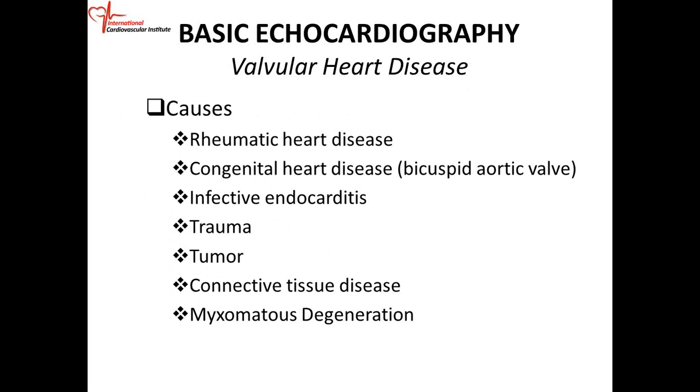Infective endocarditis. This is when you get infection involving the heart valves, and these infections usually produce a tumor-like material on the valve, which prevents the normal functioning of the valve. Remember, the valve is supposed to close and allow blood flow in just one direction.